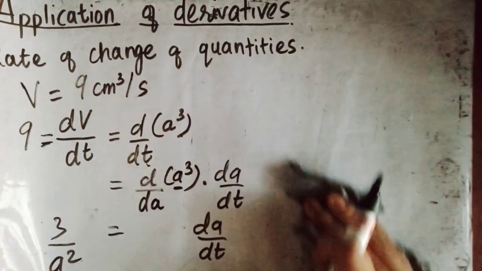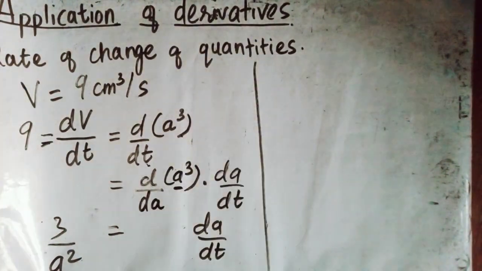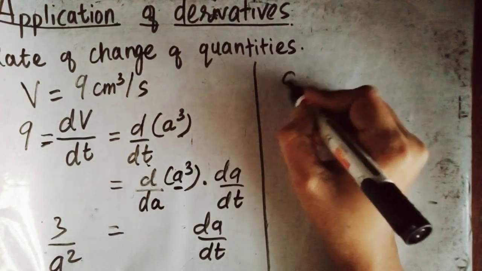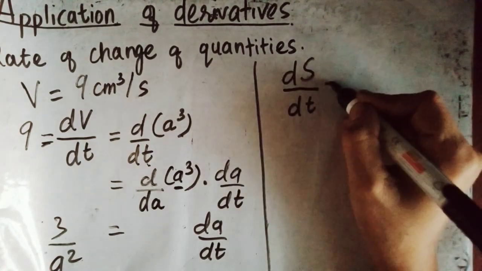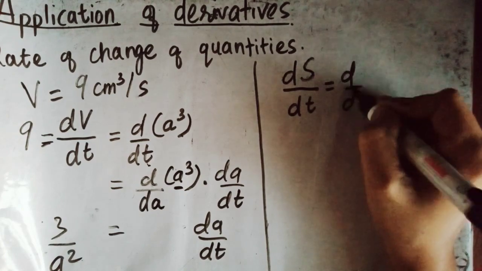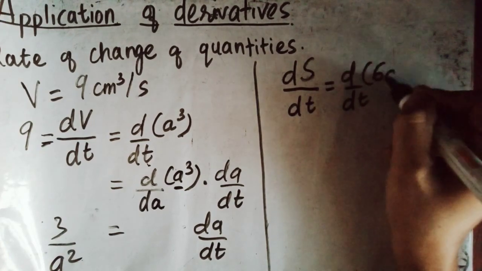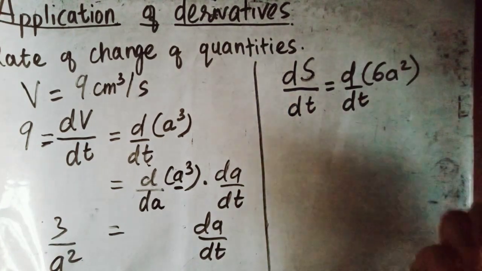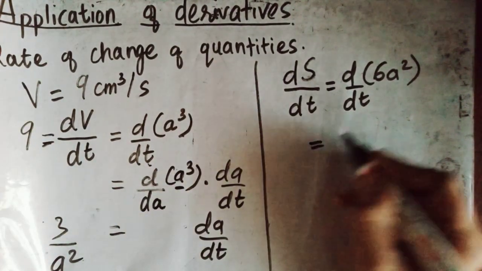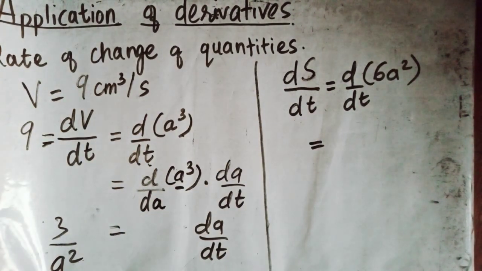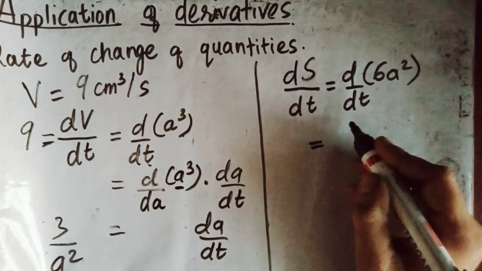So your surface area is changing with respect to time, and surface area is 6a square. Again you have to differentiate the way we have done here. You have to differentiate a also with respect to t.